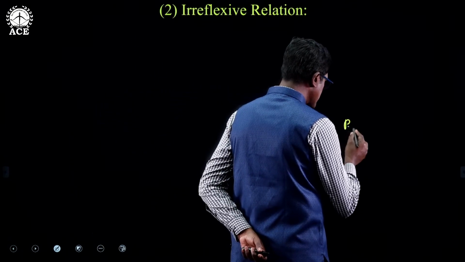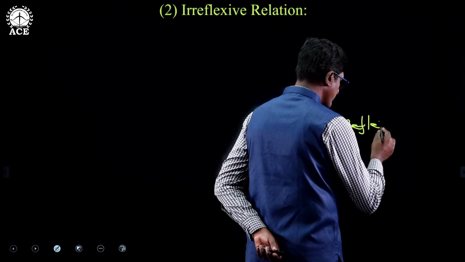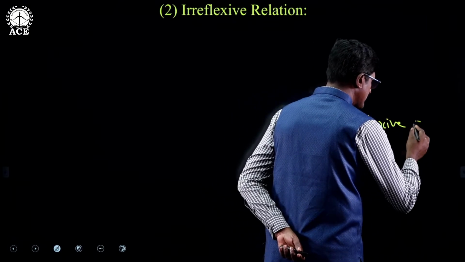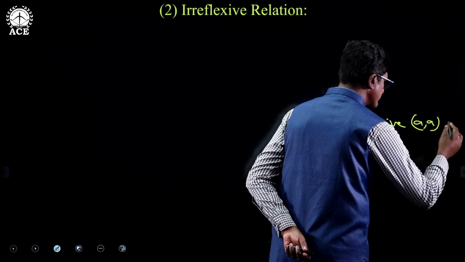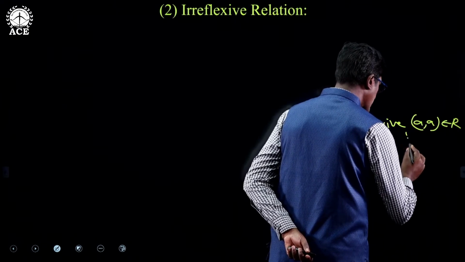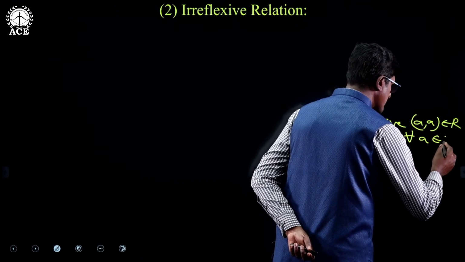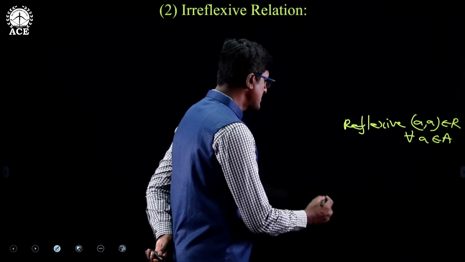Reflexive relation means (a, a) belongs to R for all a belongs to A. This is called reflexive relation.